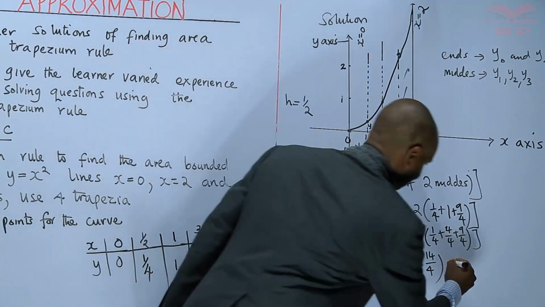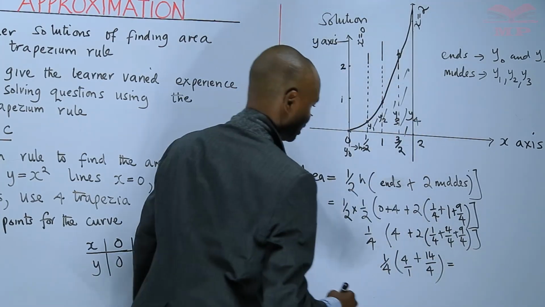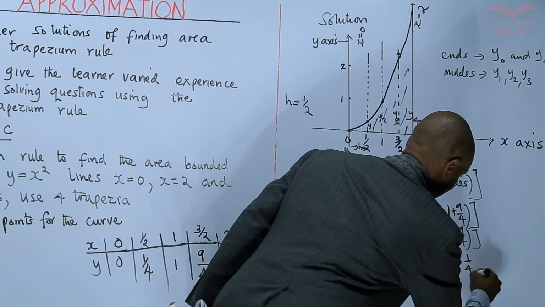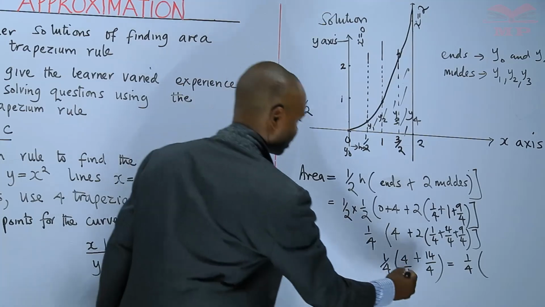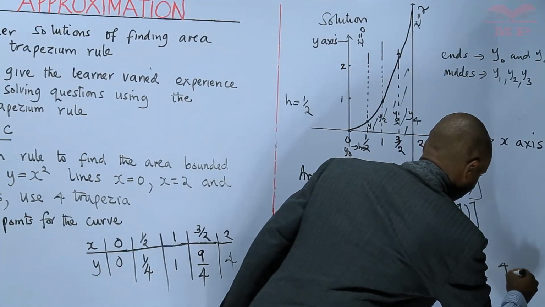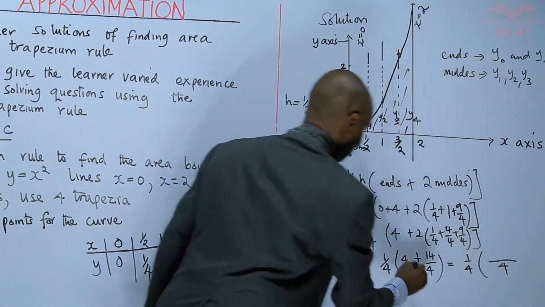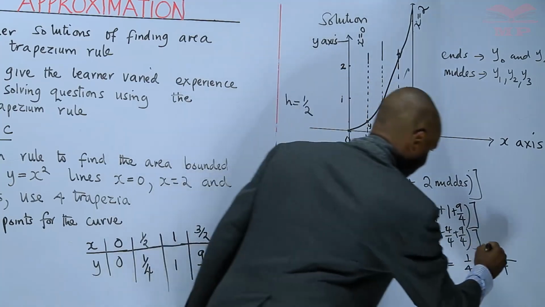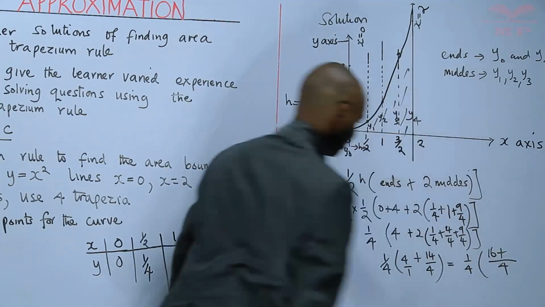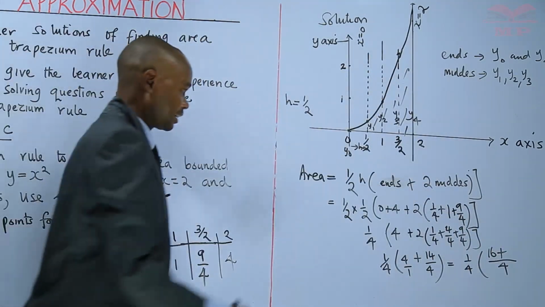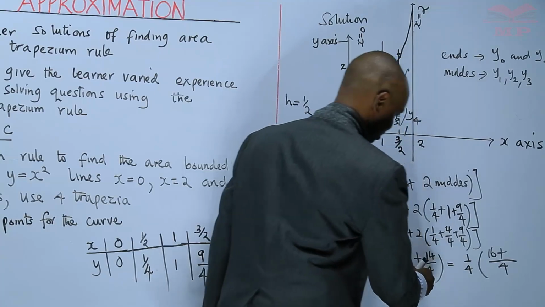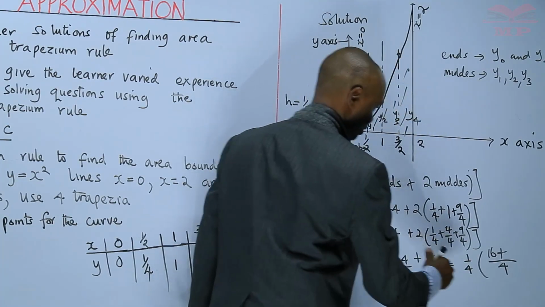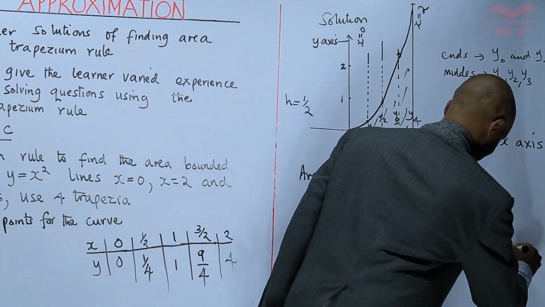So I can also come and put here 1. So what will I get? I'll have a quarter into, the least common multiple there is 4. 4 divided by 1 is 4. 4 times 4, 16. 4 divided by 4, 1. 1 times 14, 14.